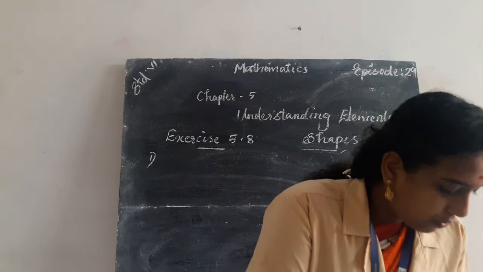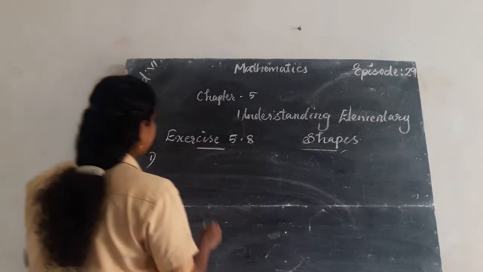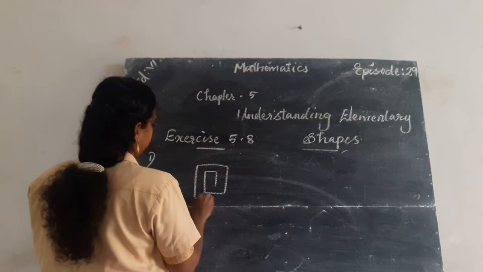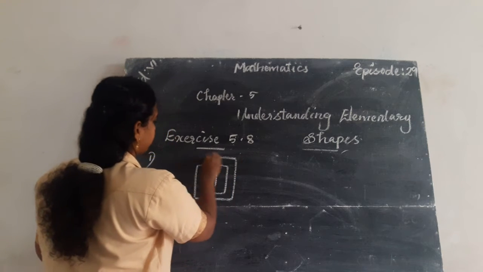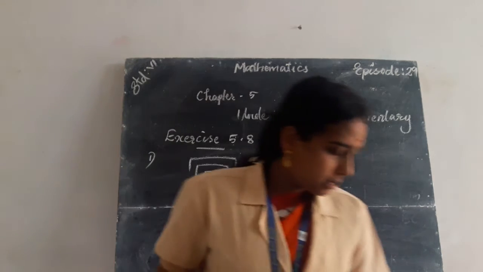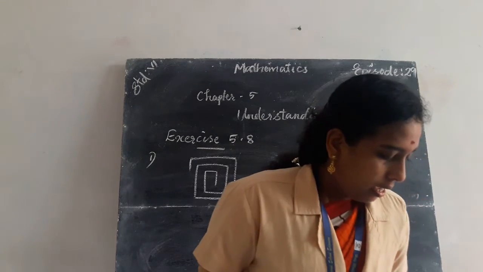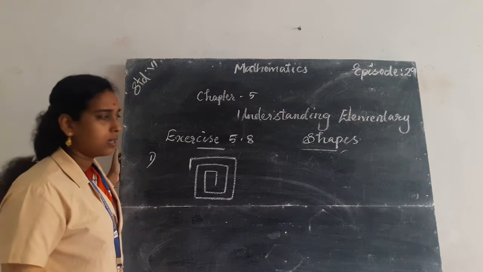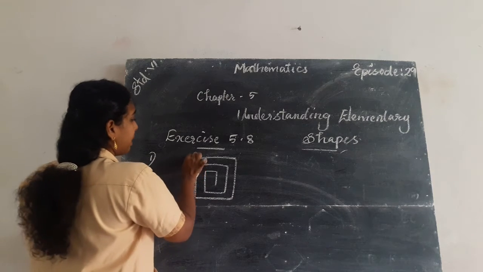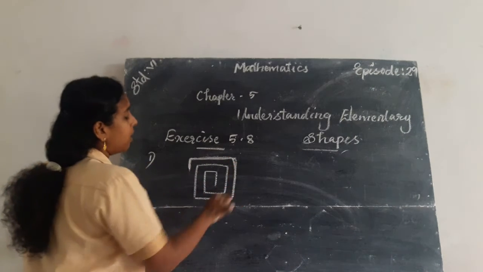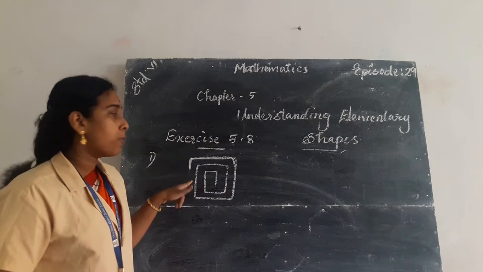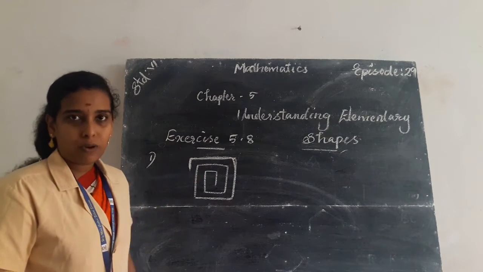Okay. So the first figure is like this. Is this a polygon or not? This figure is entirely made up of line segments, but it's not a closed figure. It's an open figure or open curve. So it's not a polygon.